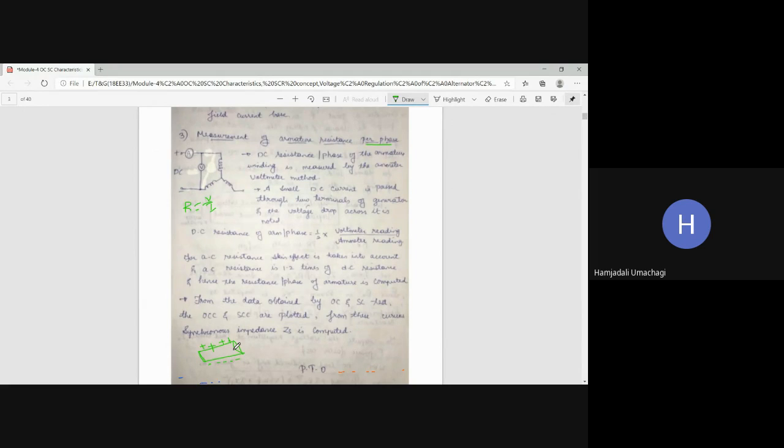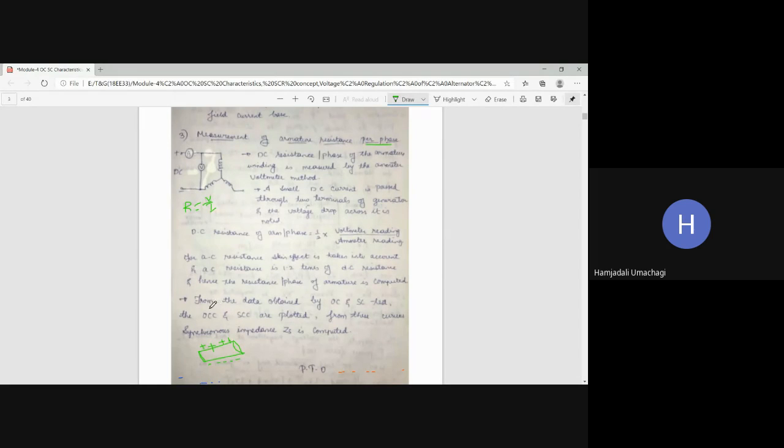That effect we call skin effect. Skin effect comes into the picture in AC circuits. Since this is an AC machine, whatever DC resistance we have measured, convert into AC by multiplying it by 1.2. 1.2 into DC resistance gives us the AC resistance per phase of the armature, and hence the resistance per phase of the armature is calculated.